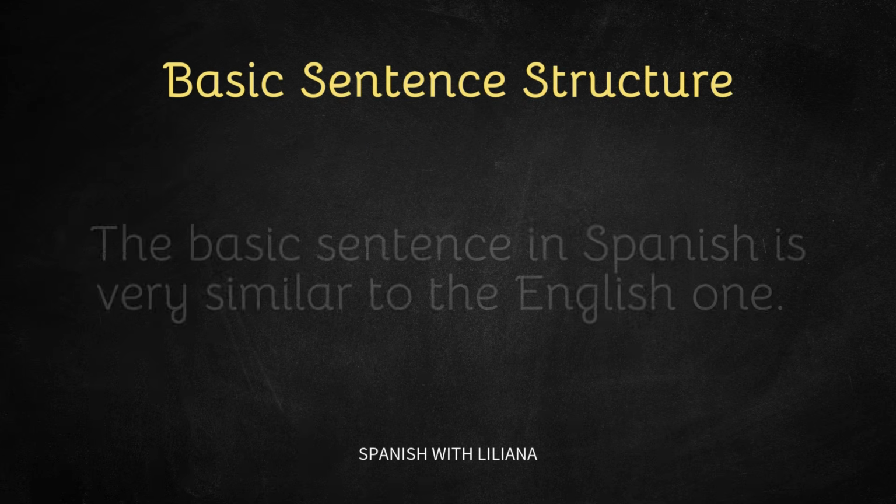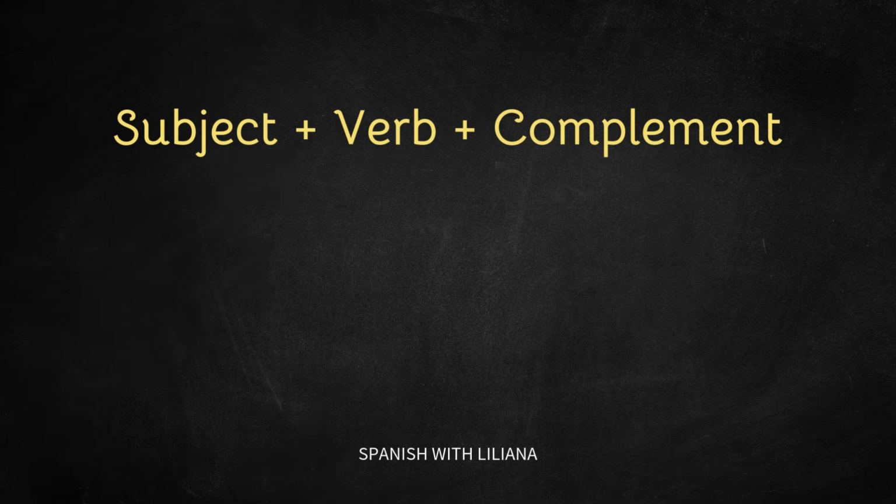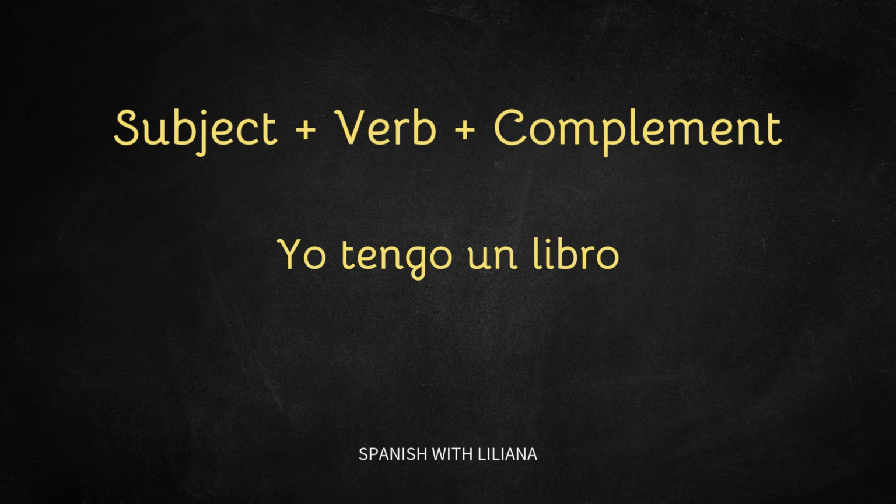Since we're talking about sentences, let's move on to the basic sentence structure in Spanish. It's very similar to the English basic sentence structure. Subject, verb, and complement. So, for example, yo is the subject. I. Tengo is the verb, have. And the complement is un libro, a book.